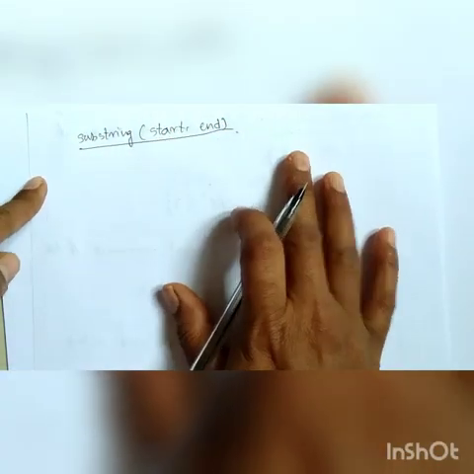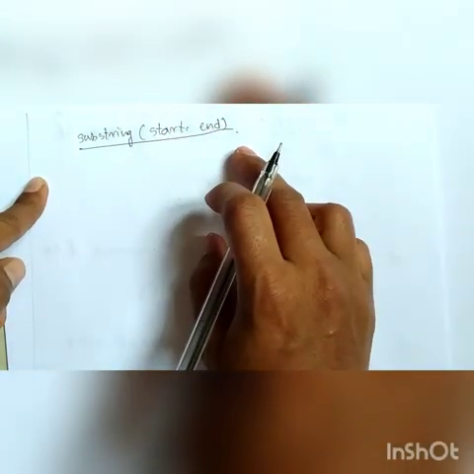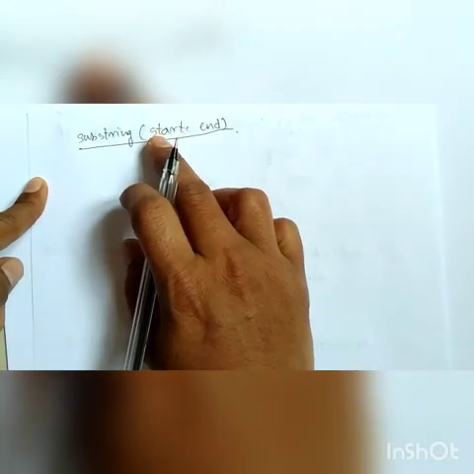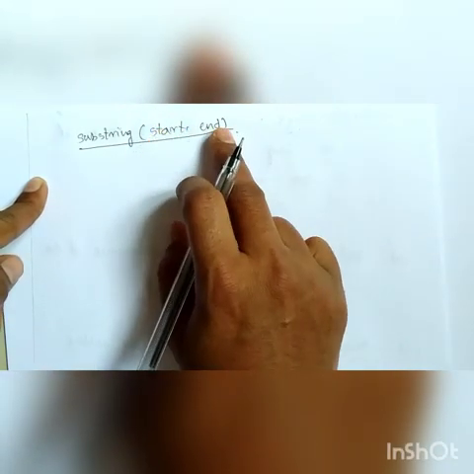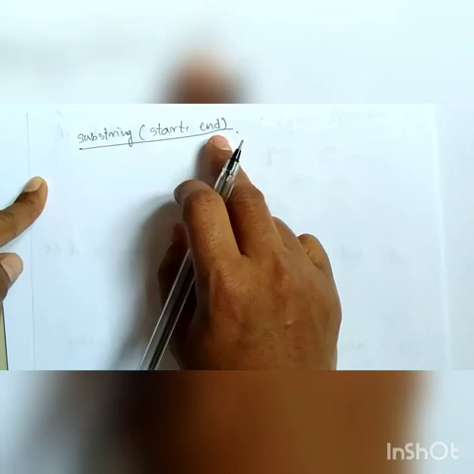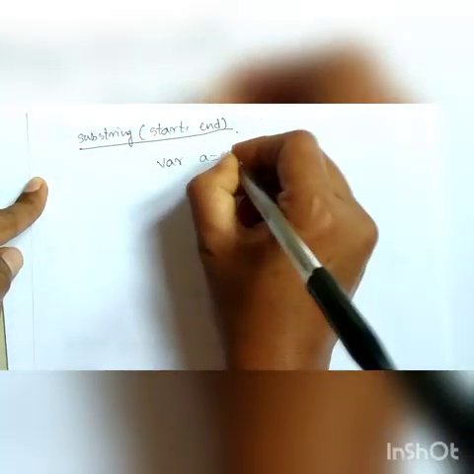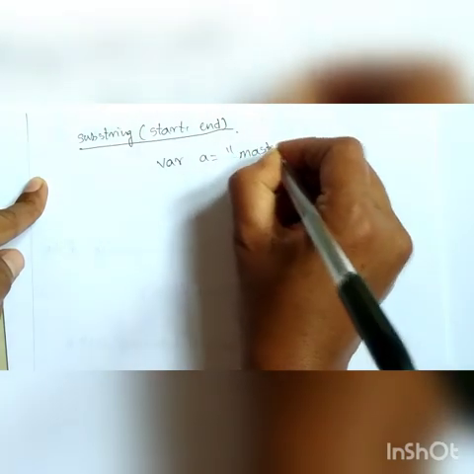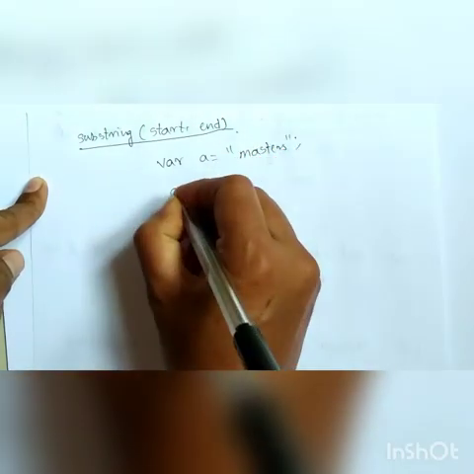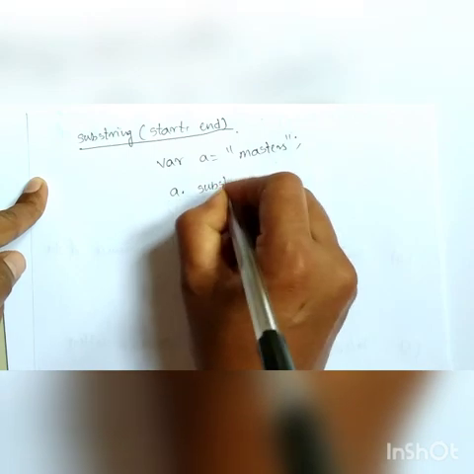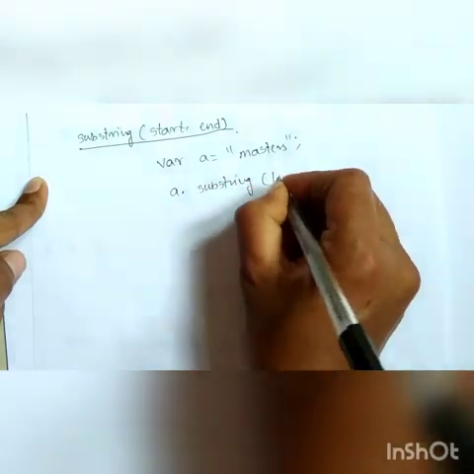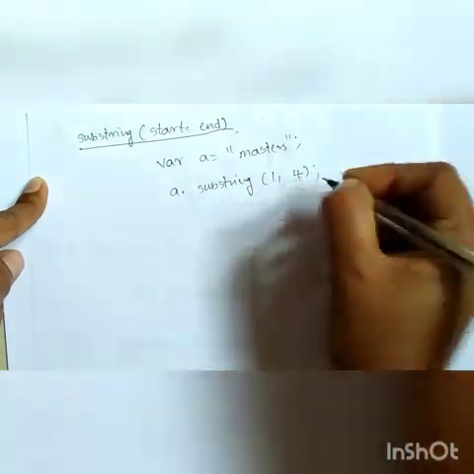The substring method returns a string from the start to the end but not including the end. So what is the example here? Where a is equal to masters, a.substring(1, 4). What is the meaning?